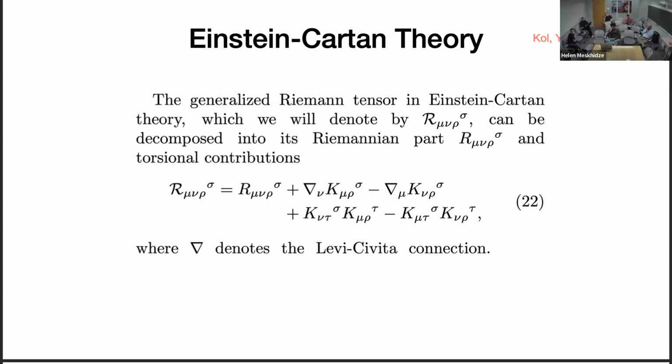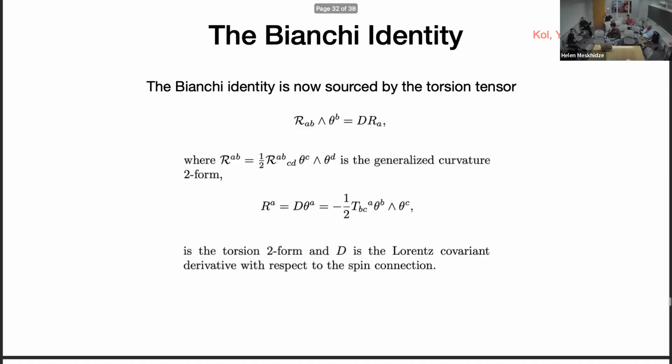Again, the details are not important, just the fact that they decompose. And now the Bianchi identity is sourced by the torsion. So instead of having 0, as in Einstein's theory, we have something proportional to the torsion. This is called the torsion two-form. It's a two-form that depends on the torsion tensor.